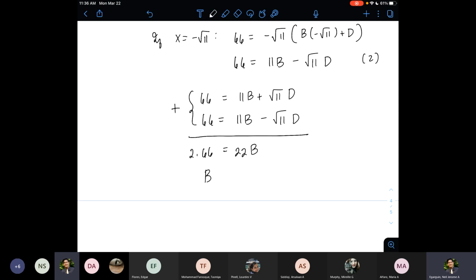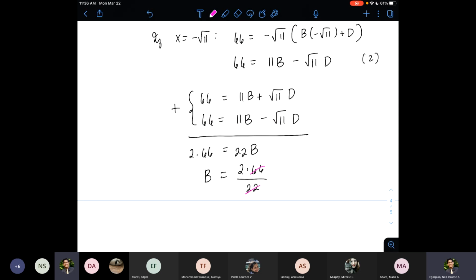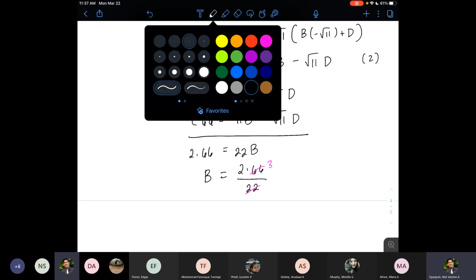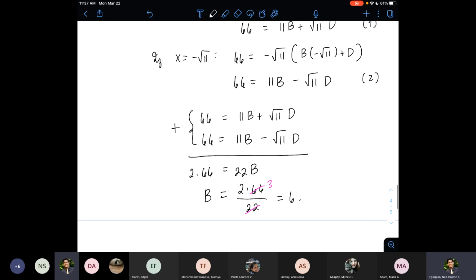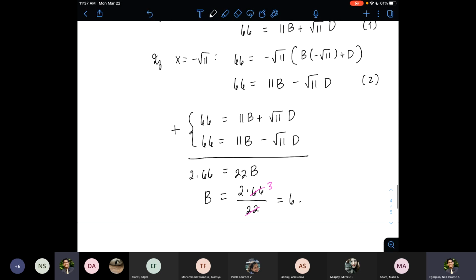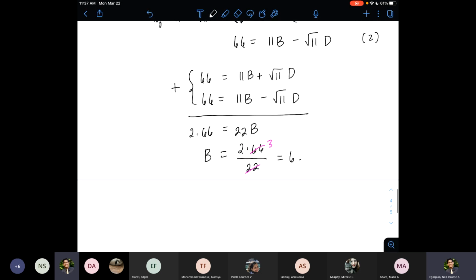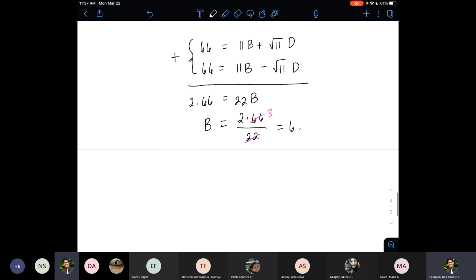And then we find b to be equal to 2 times 66 over 22. But note that 66 over 22 is just 3, so b is equal to 6. Now we have the two values, a and b. Now let's look for d. For d, you can use either equation 1 or 2.